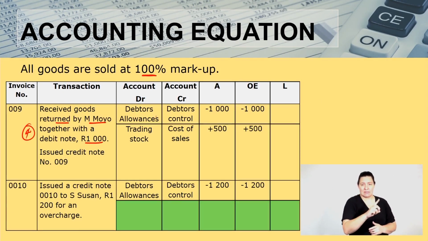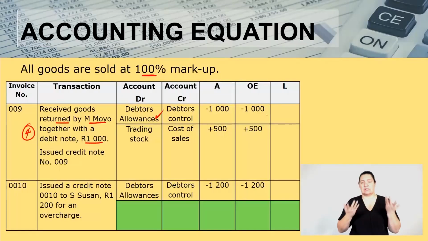We debit our debtors allowances. Once you debit your debtors allowances, remember, debtors allowances are decreasing the goods that you would have sold. And once your sales is reduced, that means your income is reduced, it affects your owner's equity. So that's why you see we have a minus 1,000. All right?